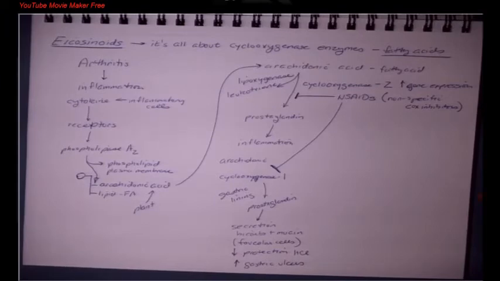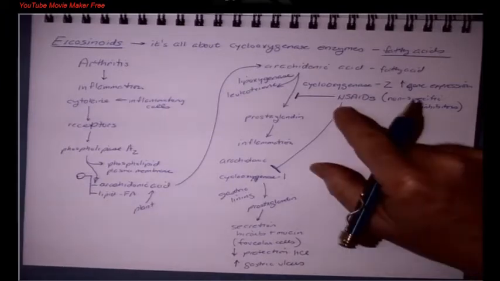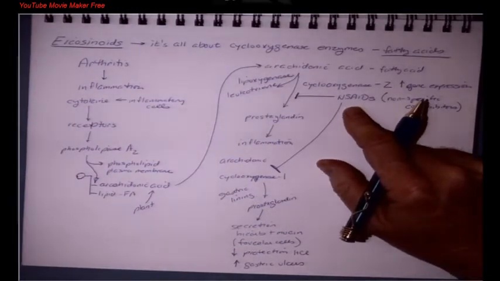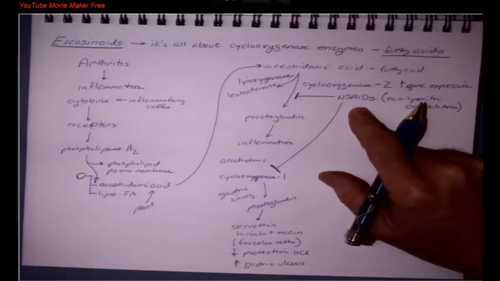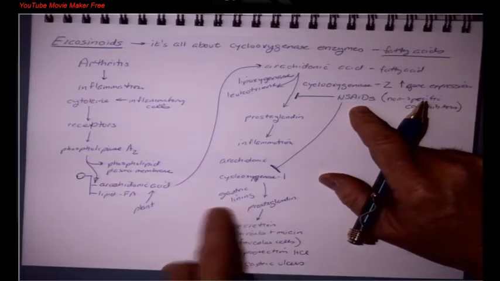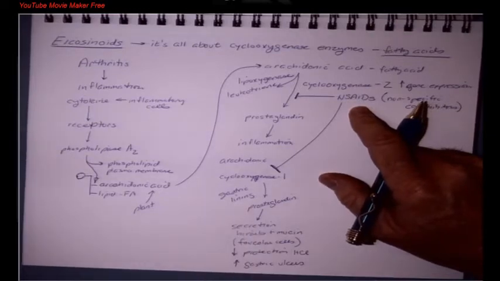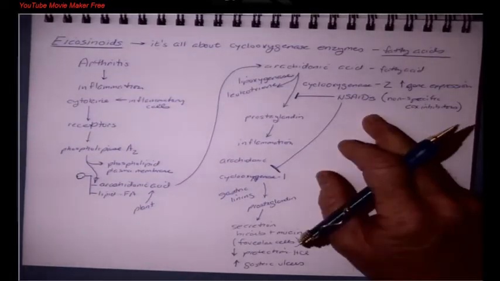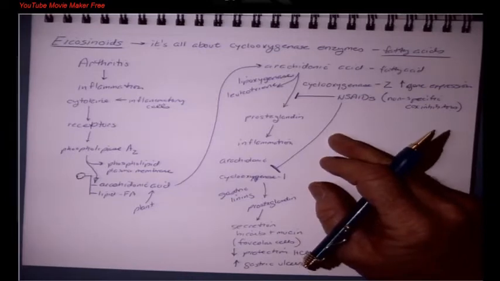So now, does this make NSAIDs completely bad and unprescribable? No. Because what you need to do is look at your patient's age and susceptibility and risk factors toward gastric ulcers. So if they're someone that's young, that has not had any hyperacidity problems, short-term therapy is really, really good.